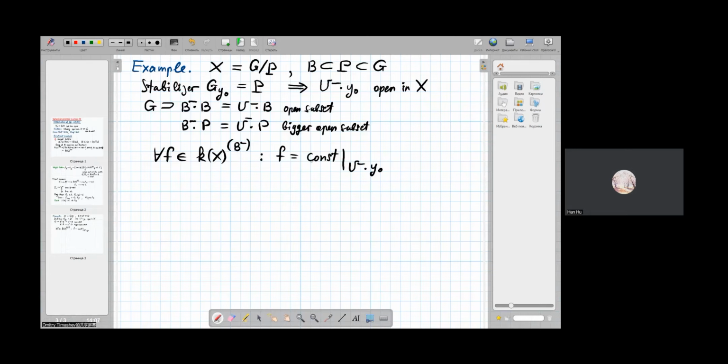So this F takes one and the same value at all points of this U minus orbit.